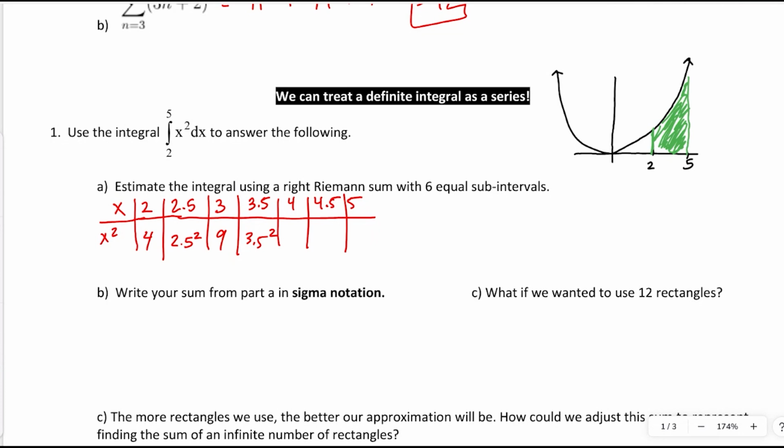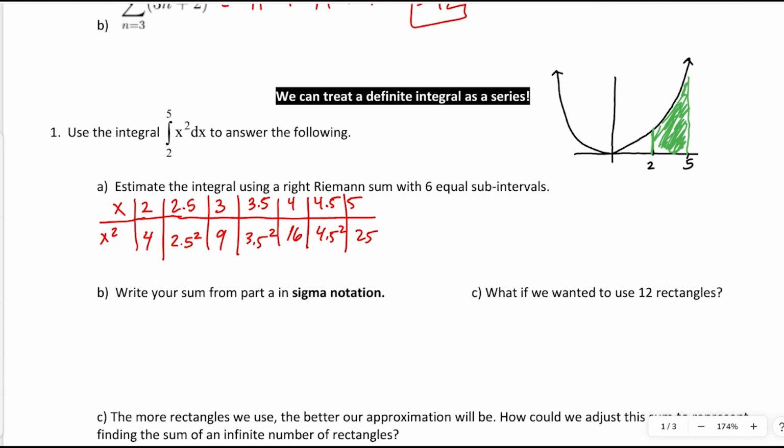If you happen to know that 35 squared is 1,225, that's great, but I'm not going to make you memorize that. 4 squared? 16. So basically we're just doing the easy ones. Then 4.5 squared is whatever that would be, and 5 squared we know is 25.